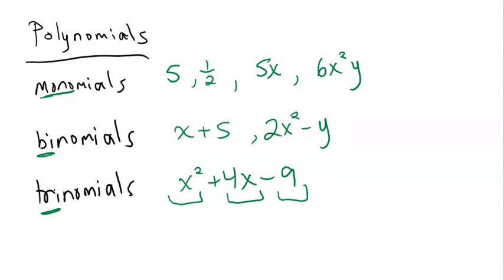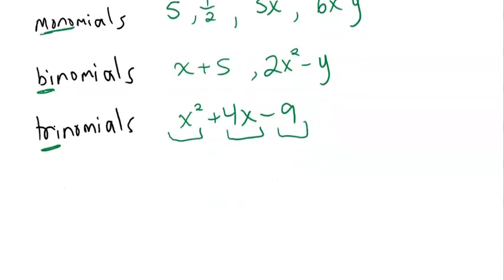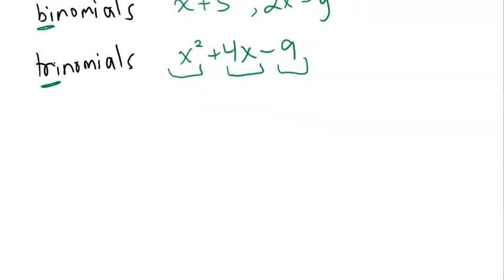Now, once we've learned what polynomials are, we talk about writing polynomials in standard form. And in standard form, we write our polynomial from highest exponent to lowest exponent. So for standard form, one example would be the one I've written up here, x squared plus 4x minus 9. That's in standard form.